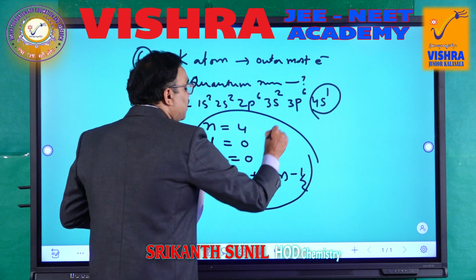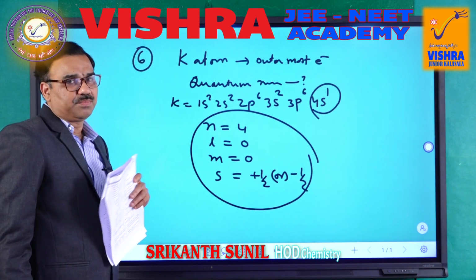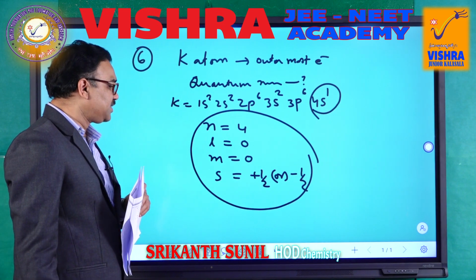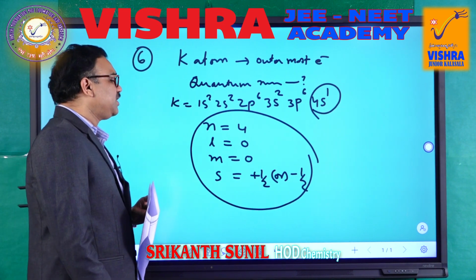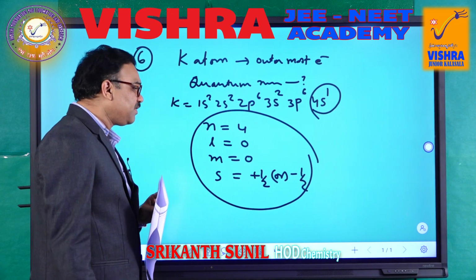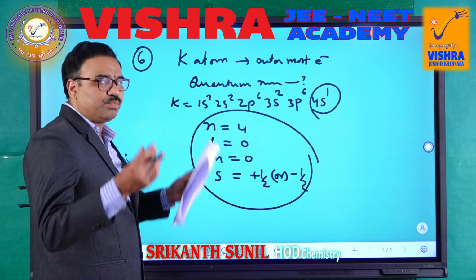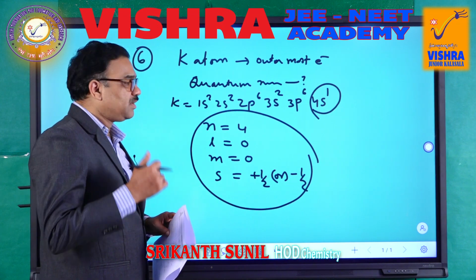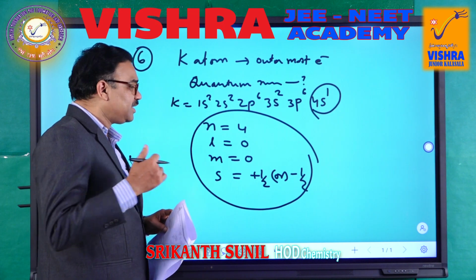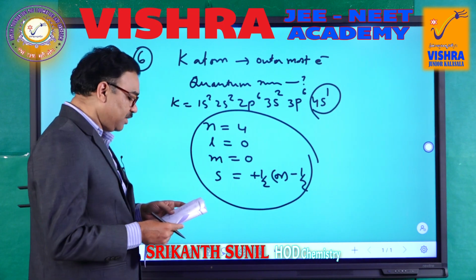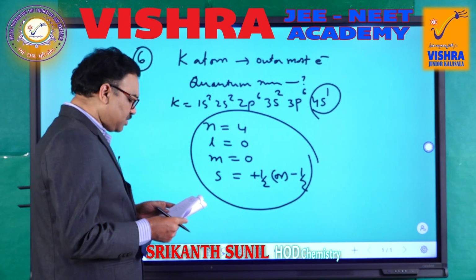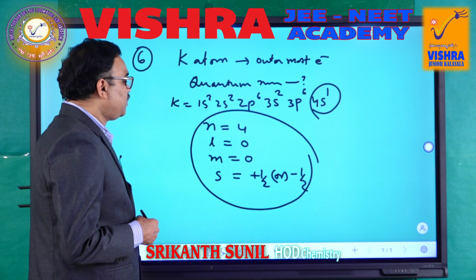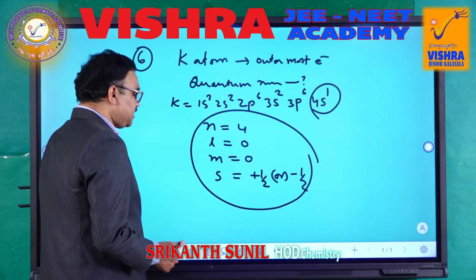So select the option which has the proper n, l, m and s values. The s value can be clockwise or anti-clockwise, plus half or minus half, you can take either, but both options will not be given. If both options are given, check whether options like A and B both are correct or A and C both are correct are there. Generally they gave plus half, so you can write 4, 0, 0, plus half. This one is the 6th one.